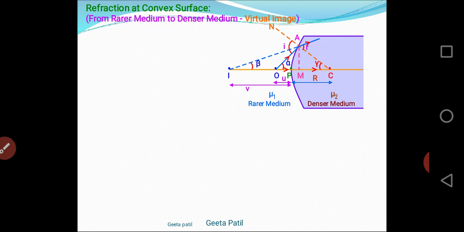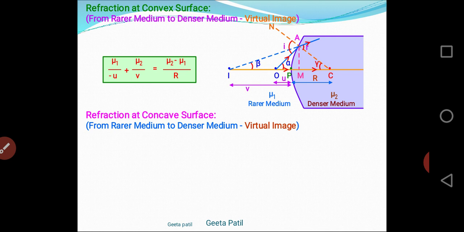Alpha be the angle made by the incident ray with the principal axis, beta be the angle made by the refracted ray with the principal axis, and gamma be the angle made by the normal with the principal axis. In this case, we can write mu1 by minus u plus mu2 by v is equal to mu2 minus mu1 by R.